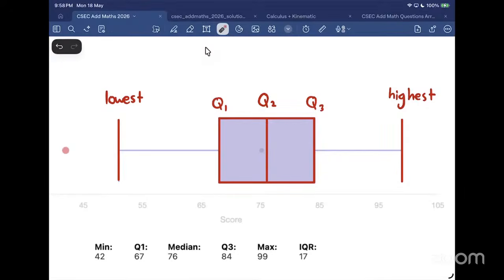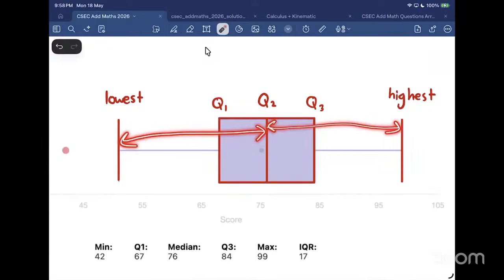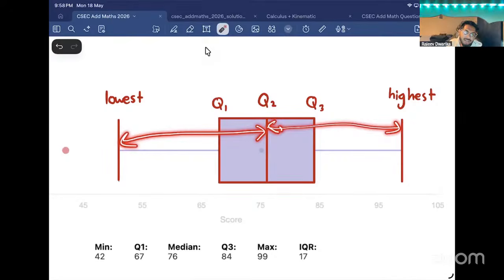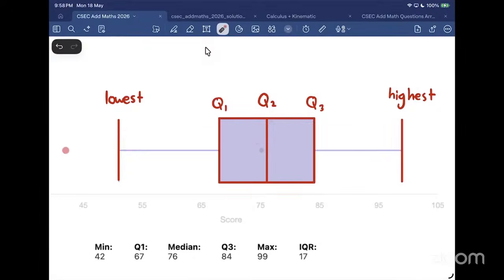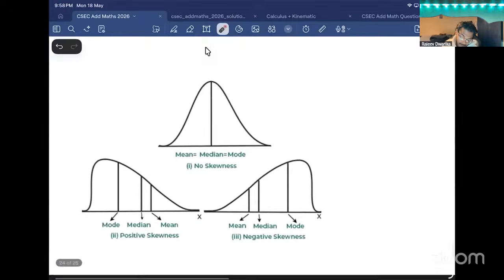I don't really see a difference, but I guess to the left.